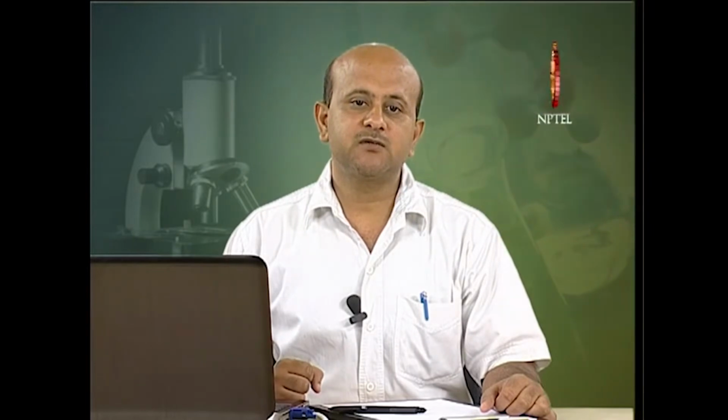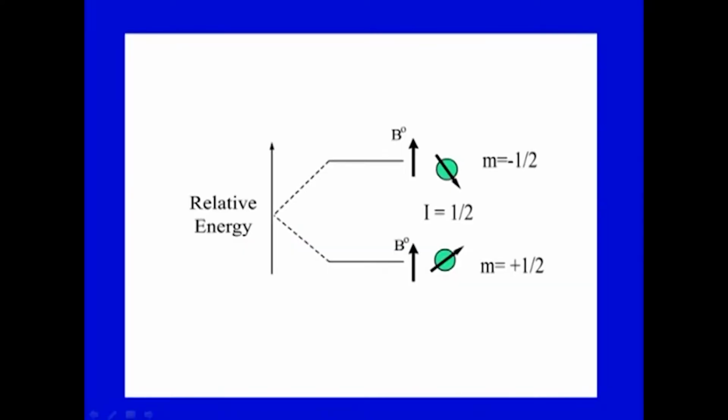Spin states oriented parallel to the external field are lower in energy than in the absence of the field, and in contrast, spin states whose orientations oppose the external field are higher in energy. So, you have two states with spins of plus half or minus half, oriented in a particular manner when the magnetic field is applied.